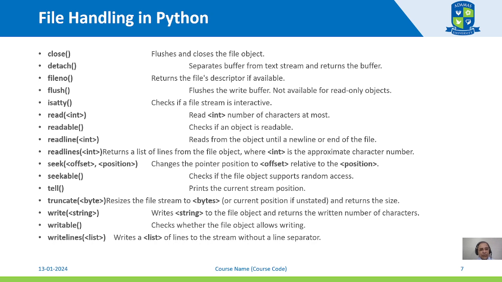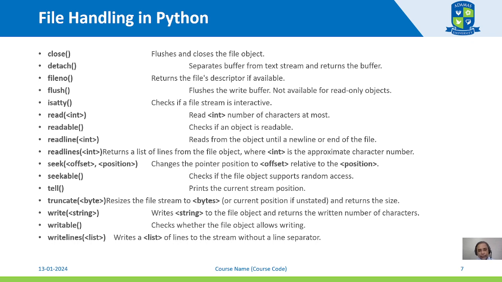isatty is a function which checks if the file stream is interactive or not. And then read(int), an integer number of characters at most, it will read. readable checks if an object is readable or not.